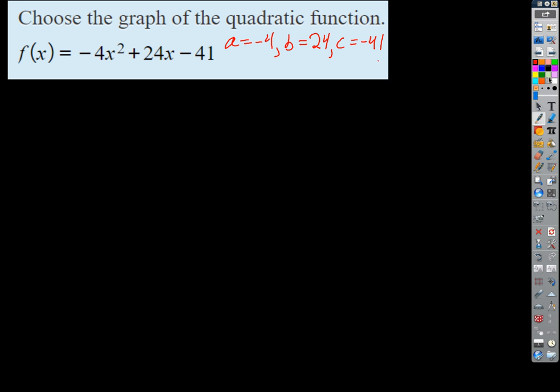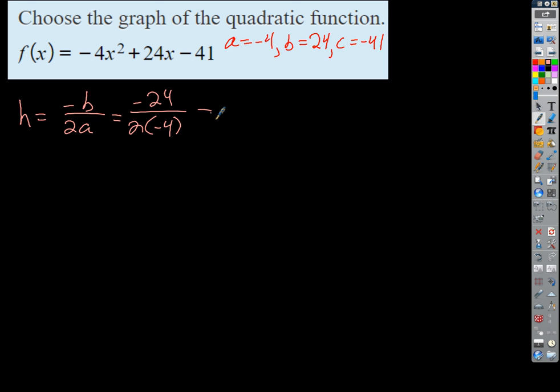So we've got those. We can now use our formula and come up with h. Why don't you close that up, please? Thanks. So our formula: h is equal to -b over 2a, so let's just plug that in. What's b? 24. So what's negative b? -24. -24 divided by 2 times, and you told me a is -4.